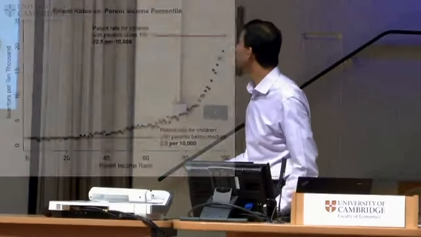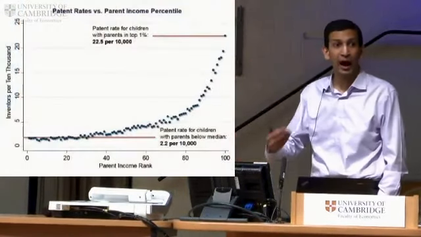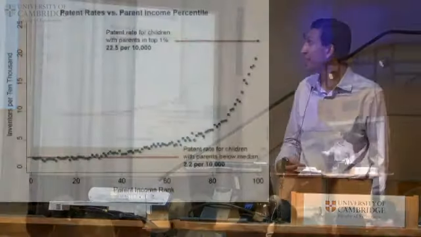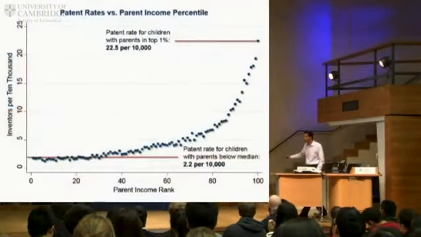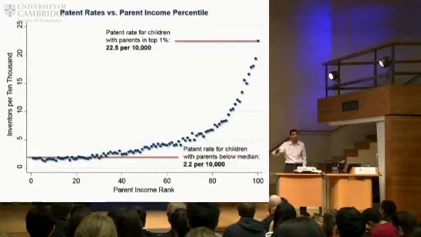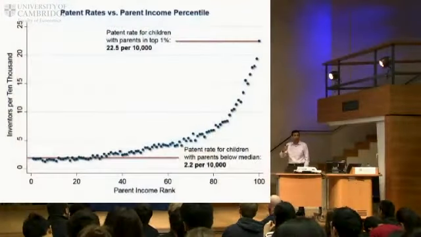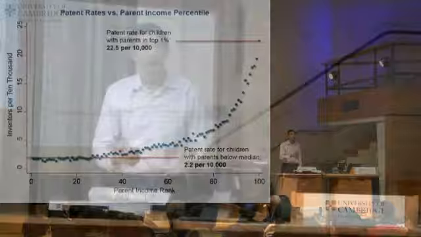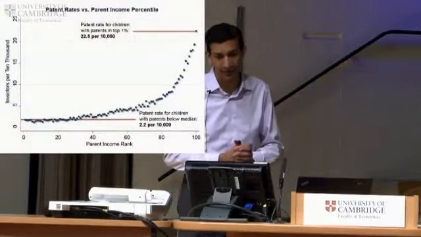And that compares with a patent rate for children who happen to be born to parents in the top 1%, that's 10 times higher. So there's this tenfold gap in rates of invention between kids born to very high income families versus median income families. So why is that? That could be for various reasons. It could be potentially because of differences in environment, which are a set of issues I've been talking about in these lectures.